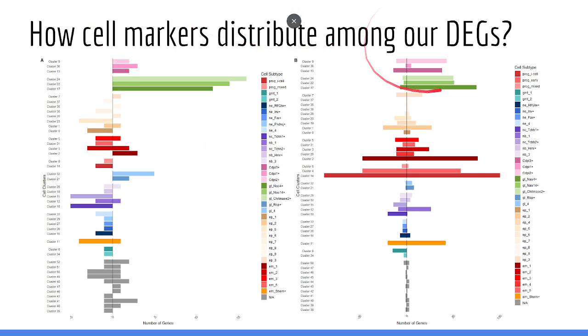Also, we wanted to see how the cell markers were distributed among our DEGs, for both the logistic regression and the Wilcoxon test cell markers. We found that the conolipin positive cells, the gastric gland and the mucosal gland cells were the ones that were positively expressed, while in the case of the logistic regression, the progenitors, the nematocyst nematoblasts, the neurons, and the reproductive cells were the ones underexpressed.